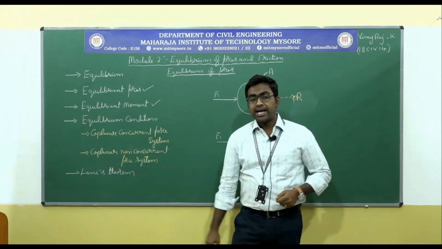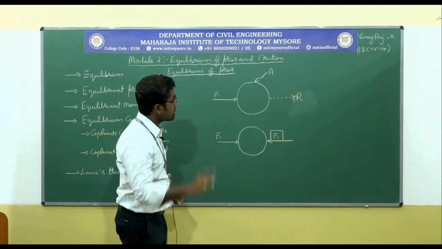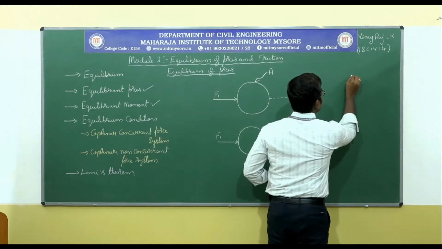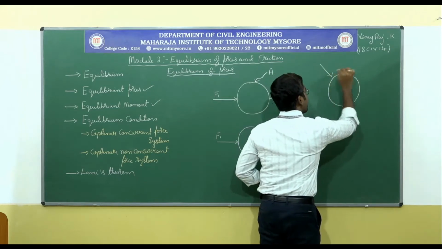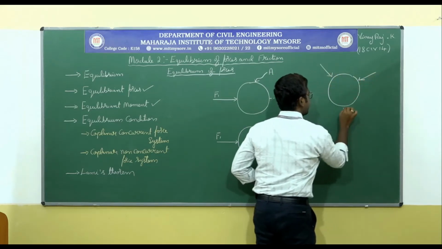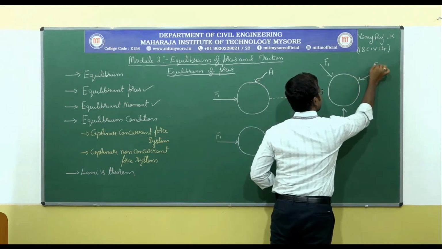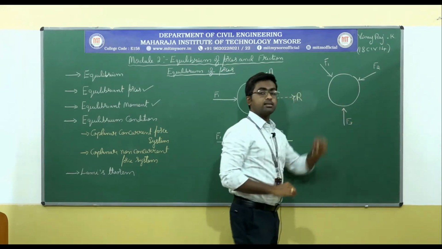Next, let us understand equilibriant moment, right? To explain this, I am going to consider a body on which a number of forces are acting. Totally there are 3 forces, F1, F2 and F3, and this is one system.